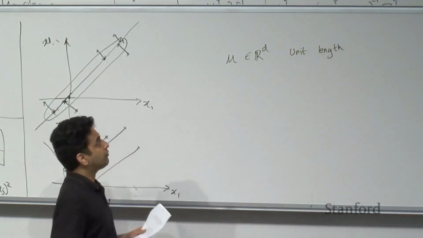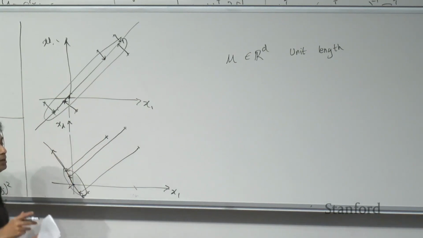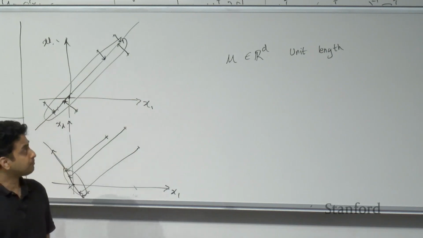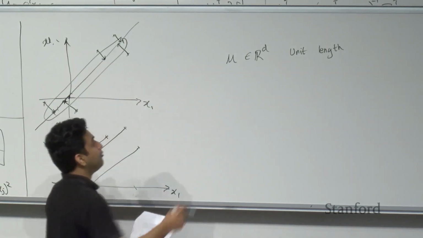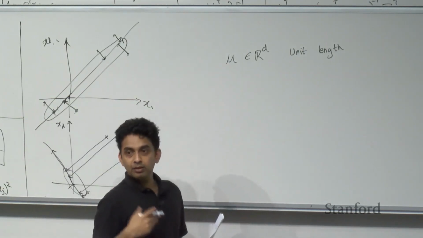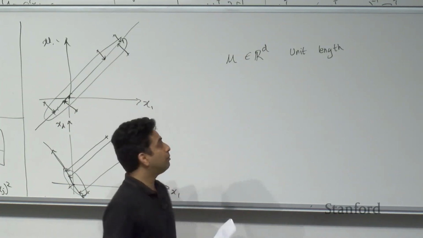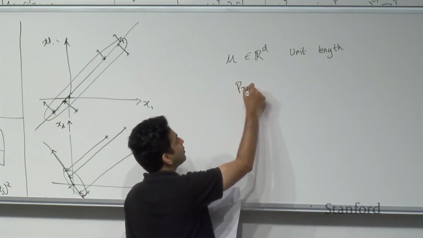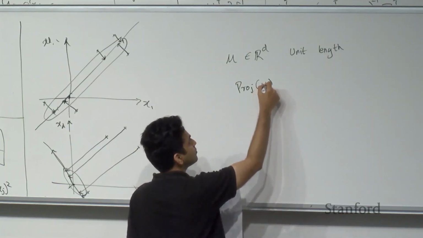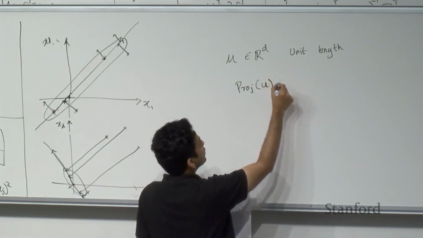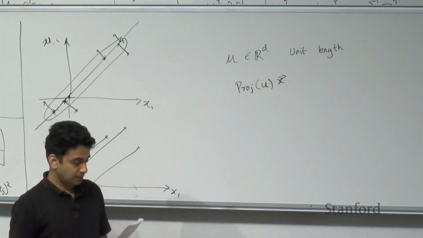If u represents a basis of the subspace onto which we want to project our data, you might remember from one of our earlier lectures that the projection of x onto the space spanned by u will be the projection matrix of u times x, where x is the point that you want to project.